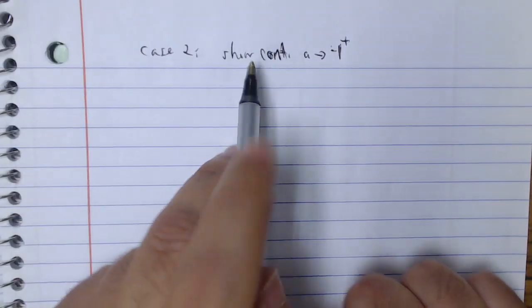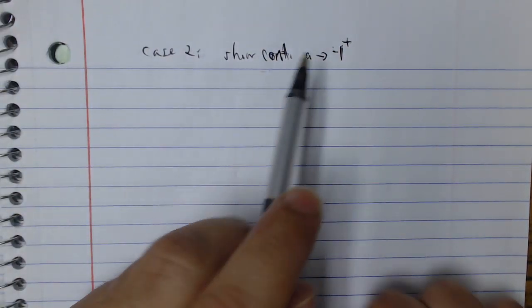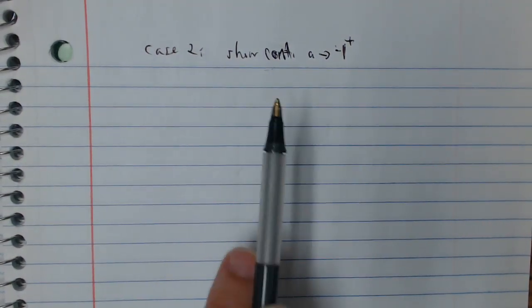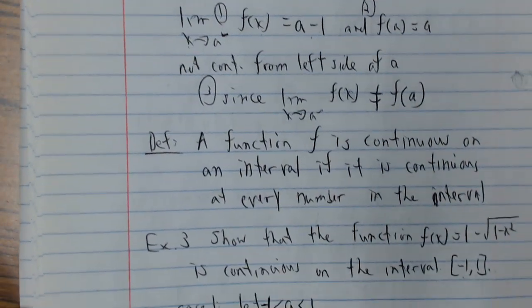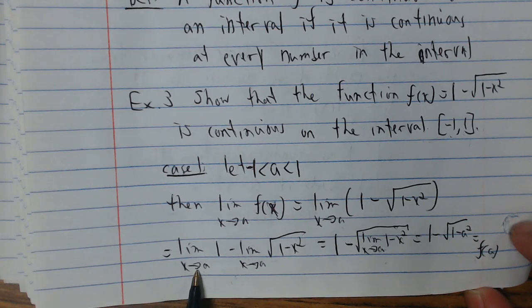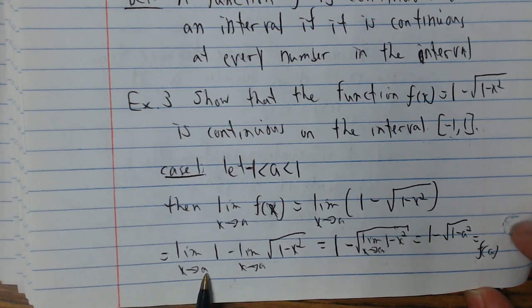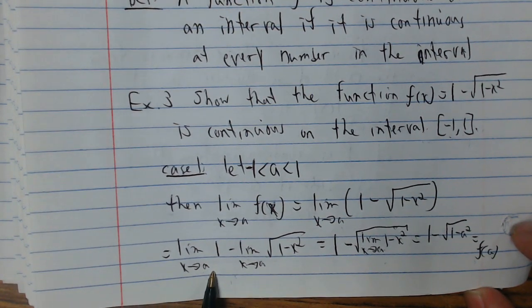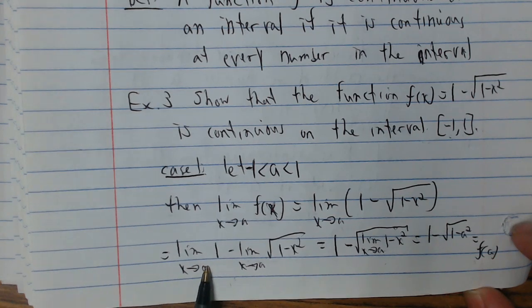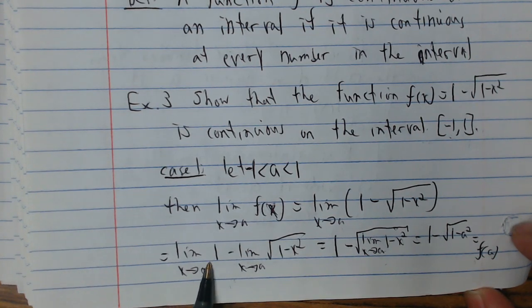So we want to show that this is continuous as a approaches -1 from the right side, which technically speaking is the same steps as case 1. The only thing that will change is that this was a two-sided limit, and now it's going to be a one-sided limit, so you're going to be approaching -1 from the right side.